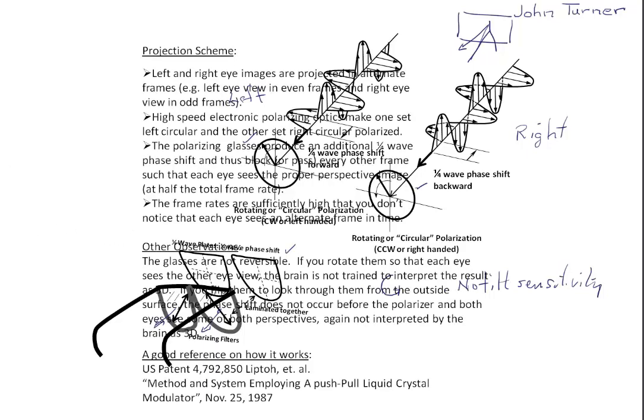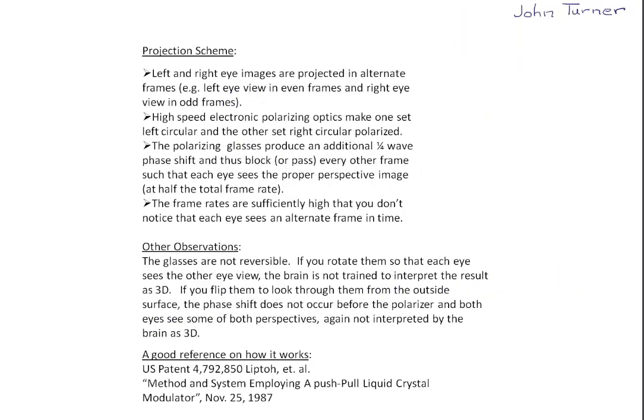So to wrap up here, let me just make a few more observations. To summarize, the left and right eye images are projected in alternate frames. For example, the left eye view might be the even frames, the right eye view the odd frames. And then some high-speed electronic polarizing optics make one set left circular polarized and the other set right circular polarized after they come out of the projector.